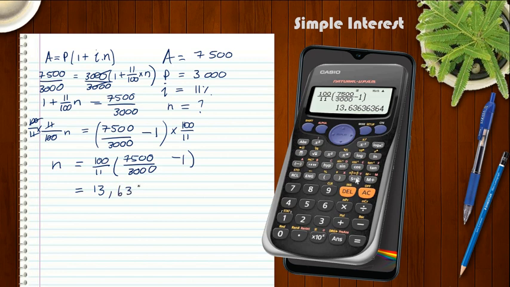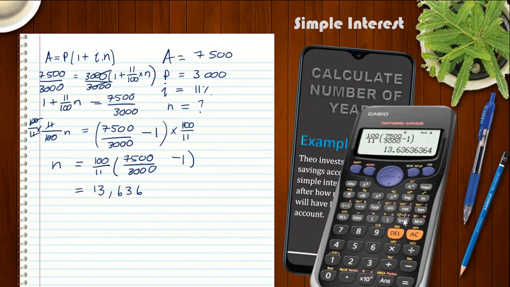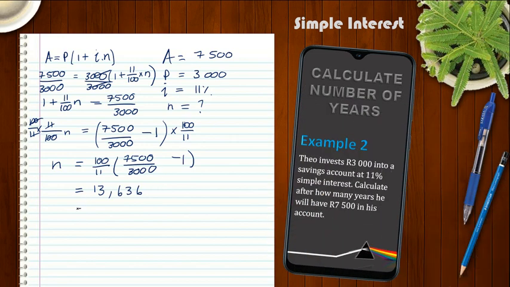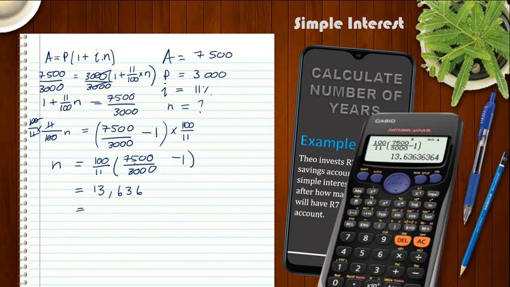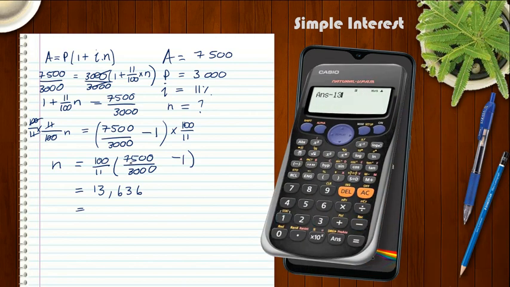Now, if they should ask for the years and the months, what we then do is take that 13.63 and subtract 13. So this is then 13 years, and then to get the months we just take that answer and times it by 12. So you take the fraction of the year that was left after you subtracted 13, times it by 12, and that gives you the months.